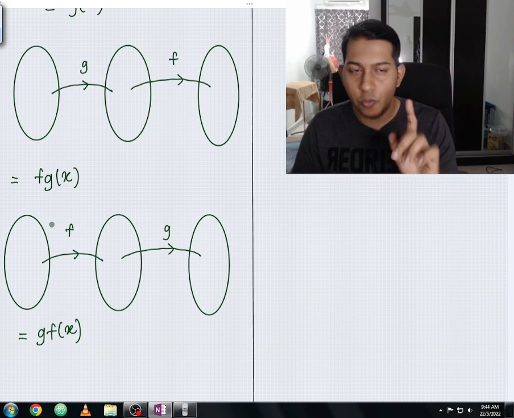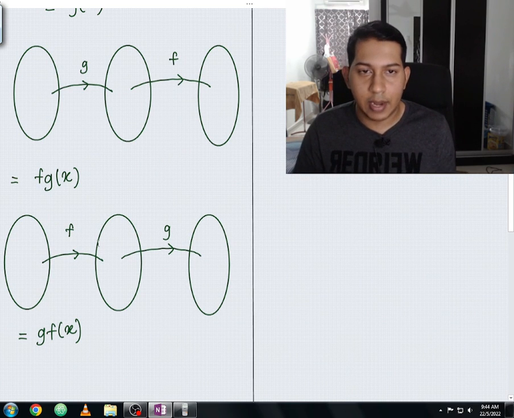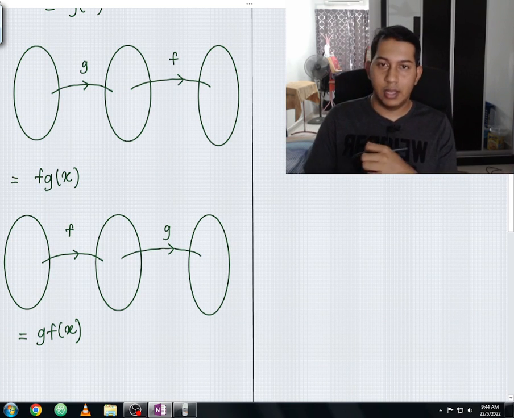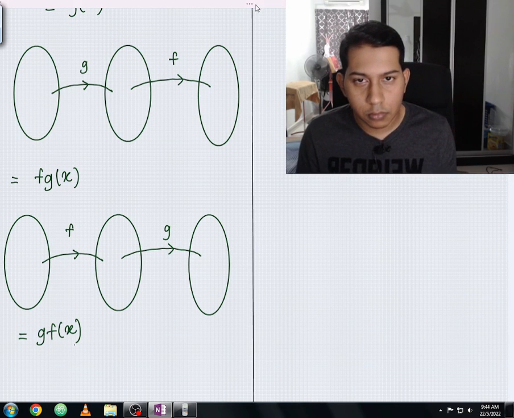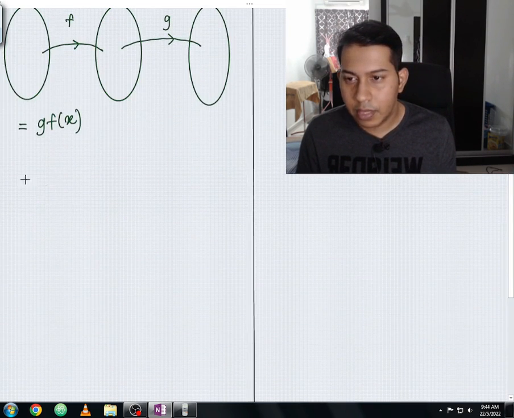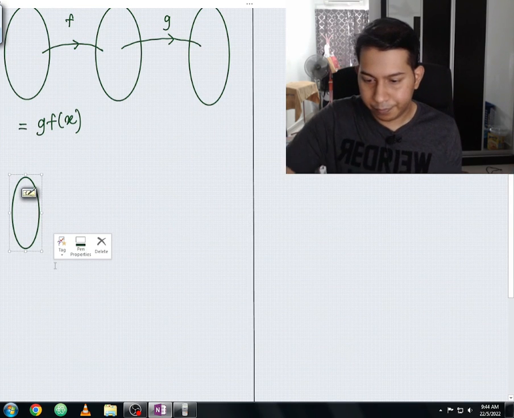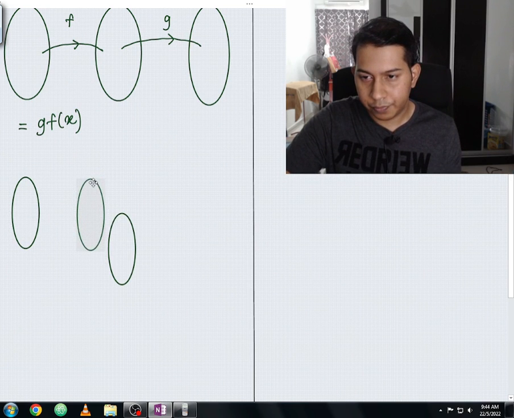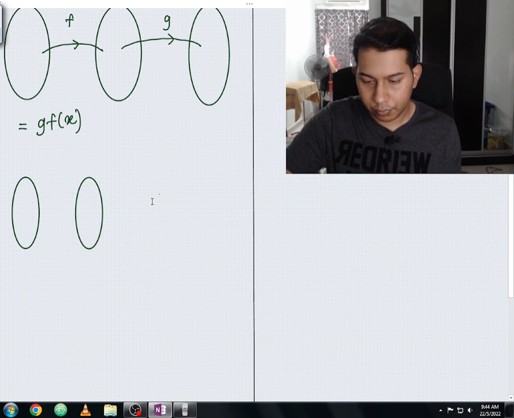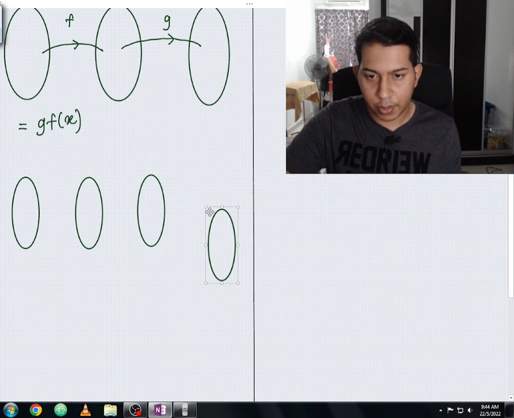Okay, let me show you one last example regarding this arrow diagram before we move on to the examples. Let me draw four sets of oval shapes: 1, 2, 3, and the last one, 4.